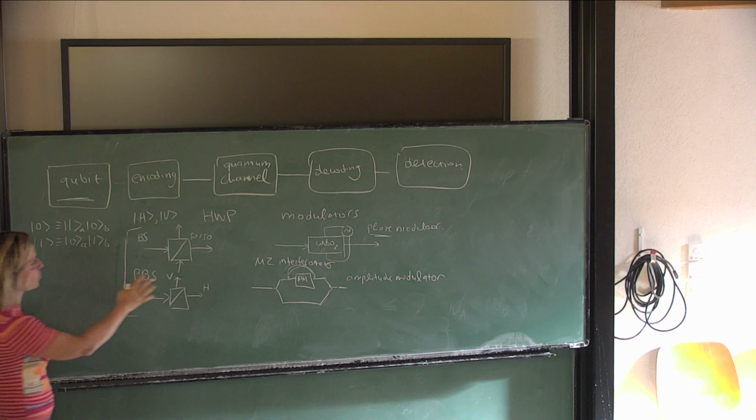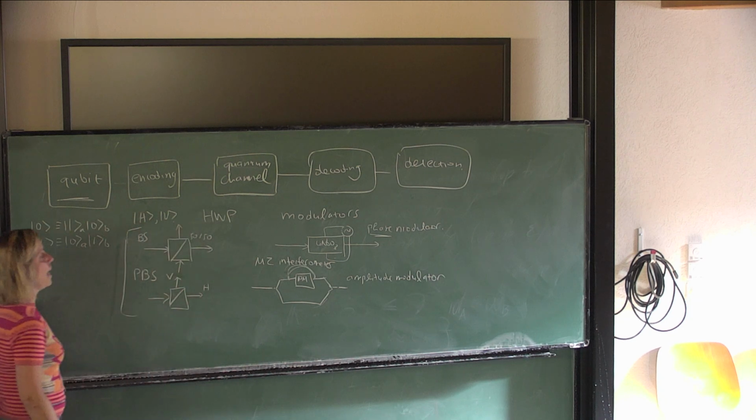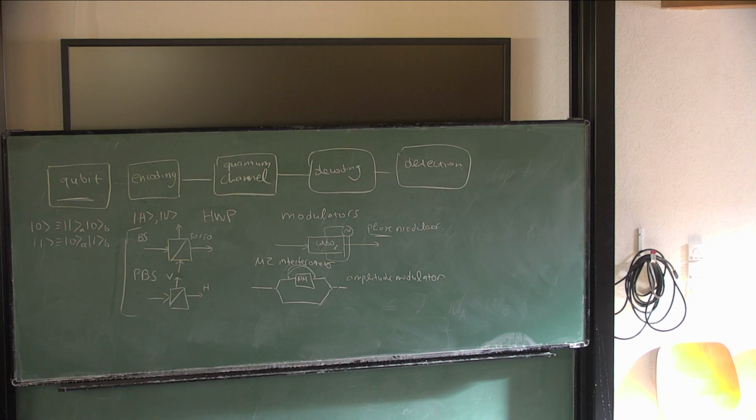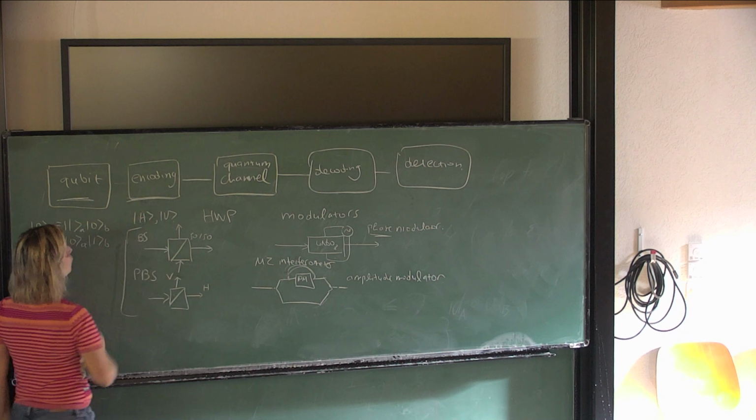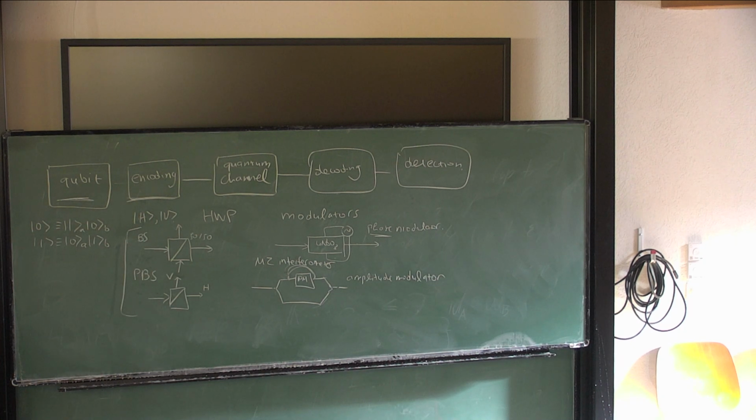These are active components, while these are passive components. This allows you to modulate the signal that comes in, and code the information that you want to encode. We're going to see exact cases of how this works.